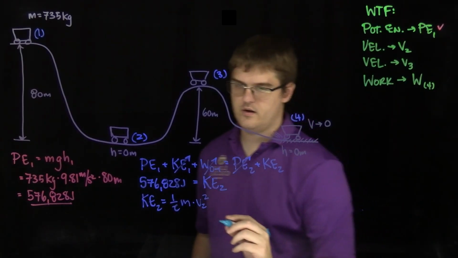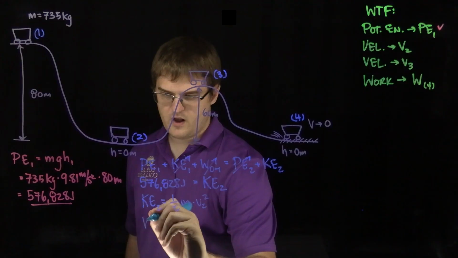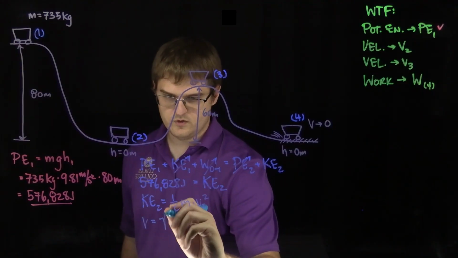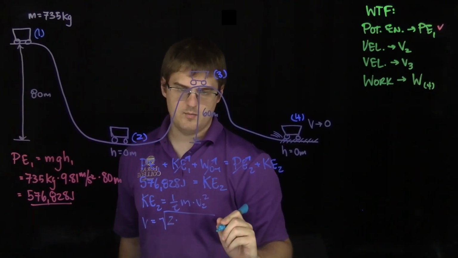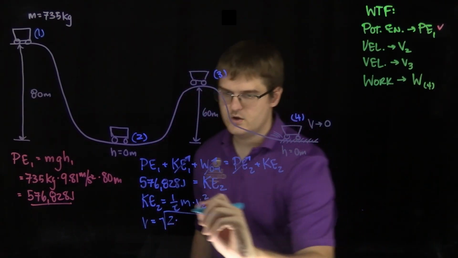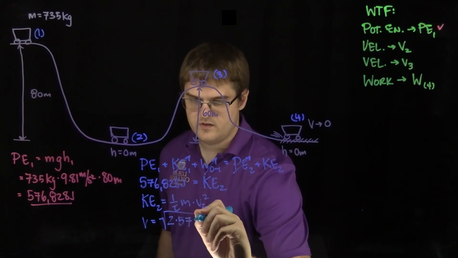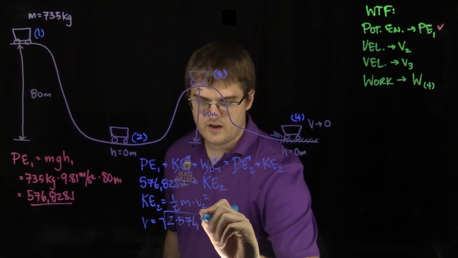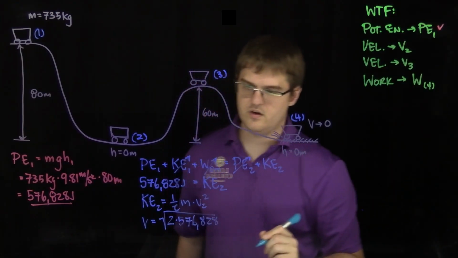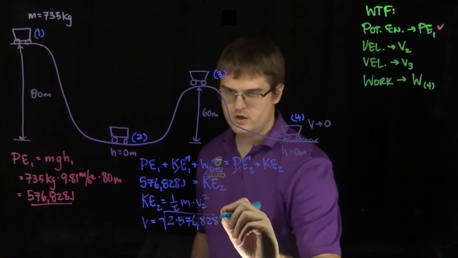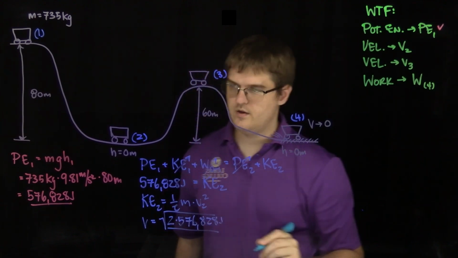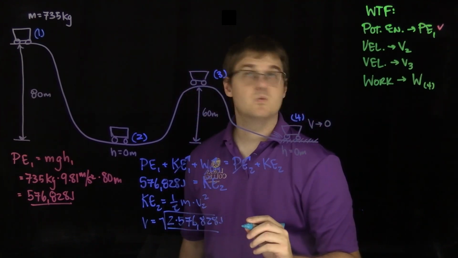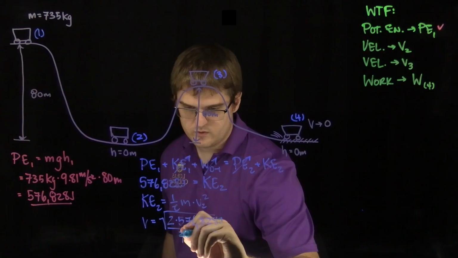So I can say that my velocity is going to be equal to the square root of 2 times my kinetic energy, 576,828 joules, divided by my mass, which was 735 kilograms.